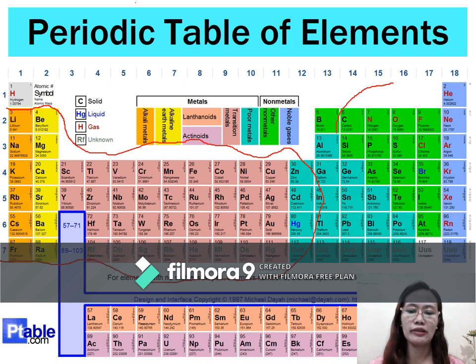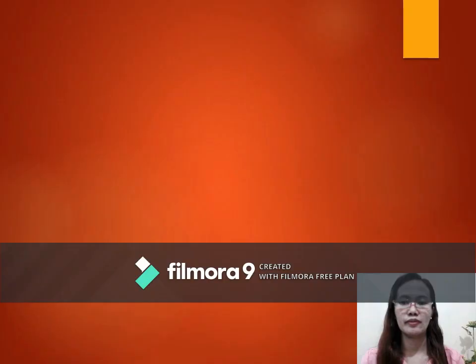On the right side are called non-metals. The zigzag line represents the metalloids or semi-metals. At the middle, in this part, these are metals with different charges, to explain further as we go on.